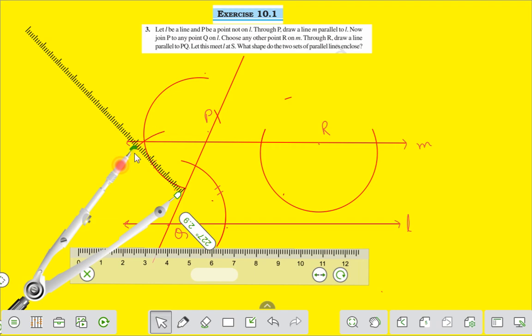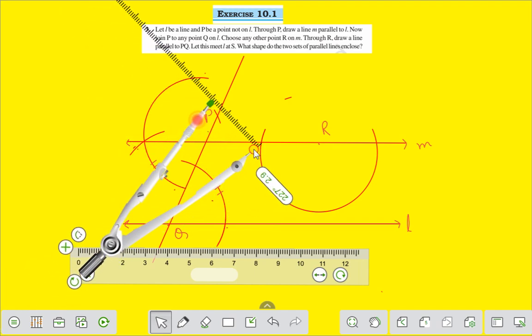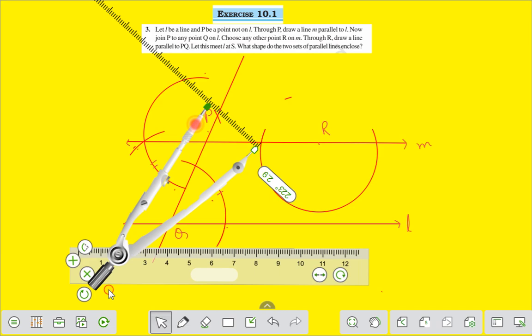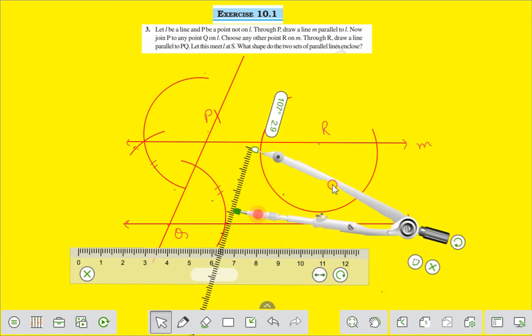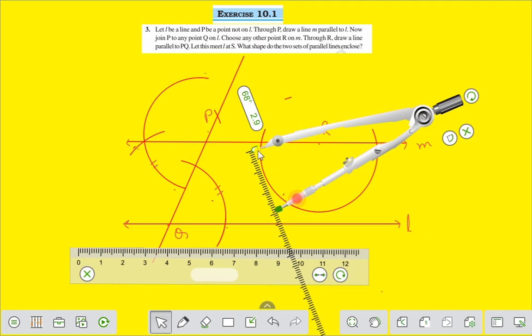Right, now with this measurement you have to draw another arc here, to make the angle same, with this pointer.